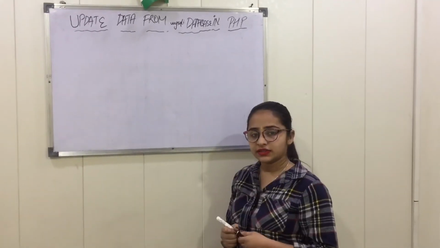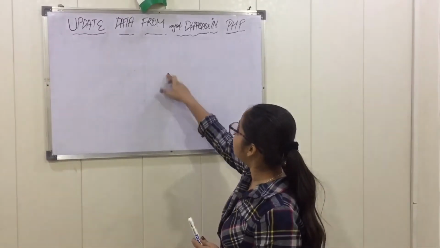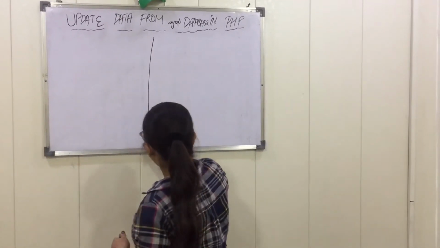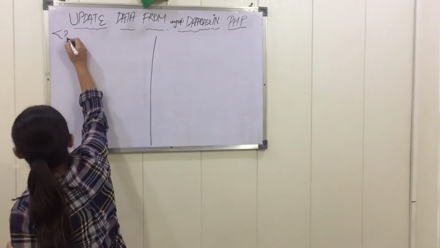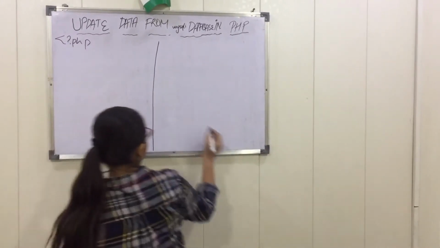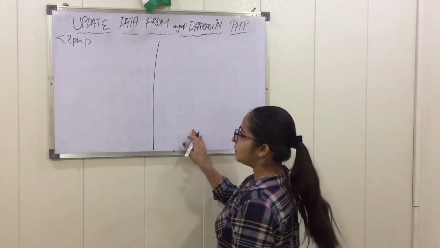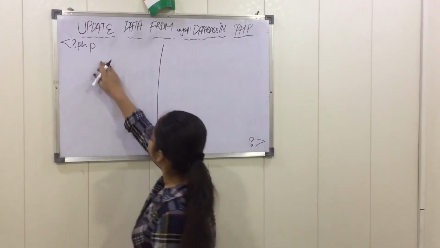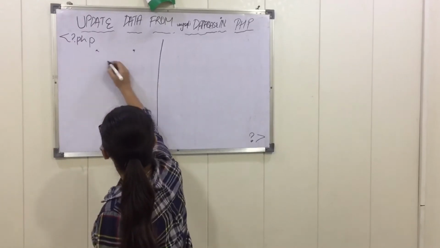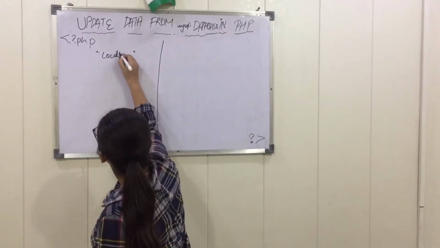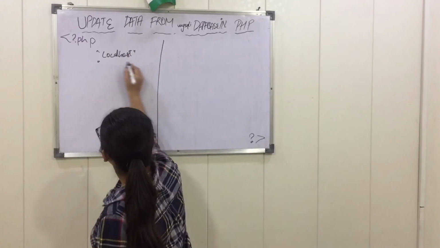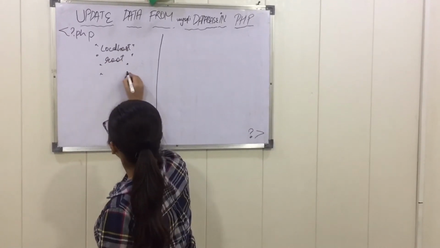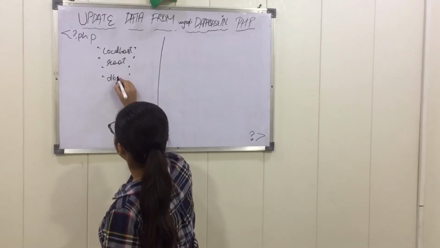Now we'll discuss an example of how to update the data in my database using PHP. First of all I will write the PHP tag start and PHP tag close. In between this we will take the connection. For the connection we need 4 fields: server name, that is localhost, username, that is root, password, which is empty, and after that my database name, that is DB ABC.